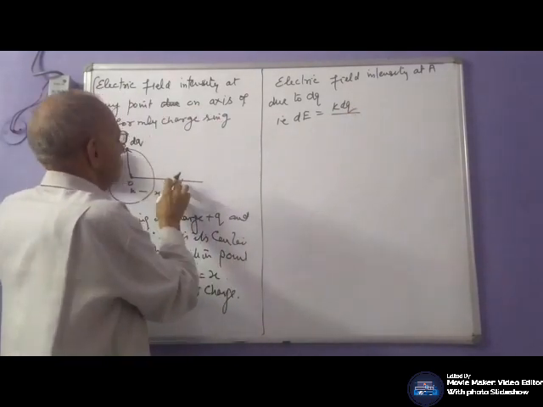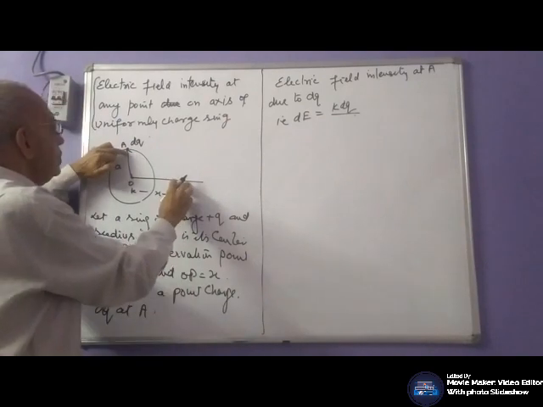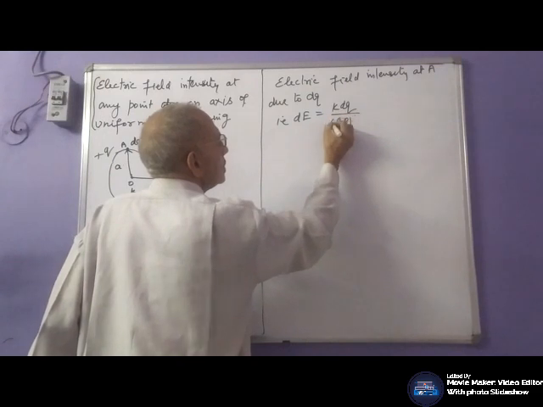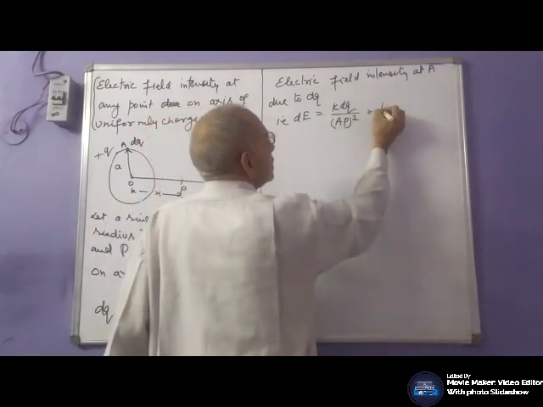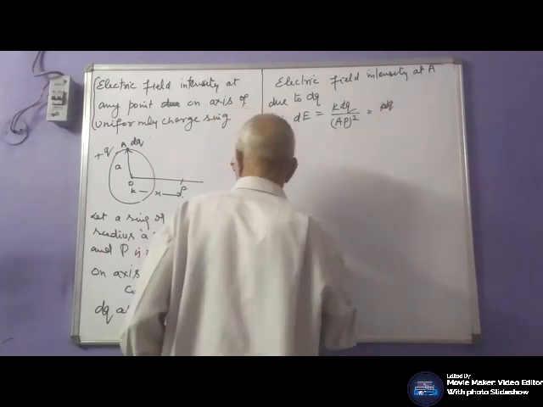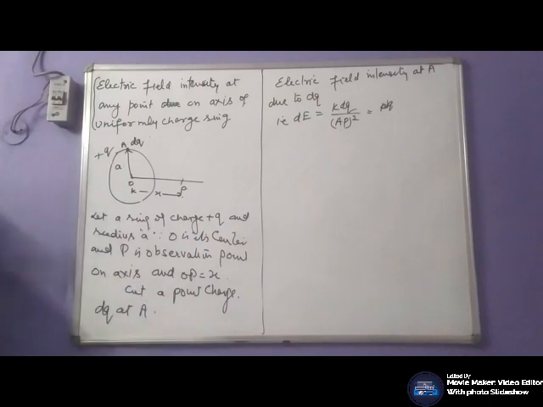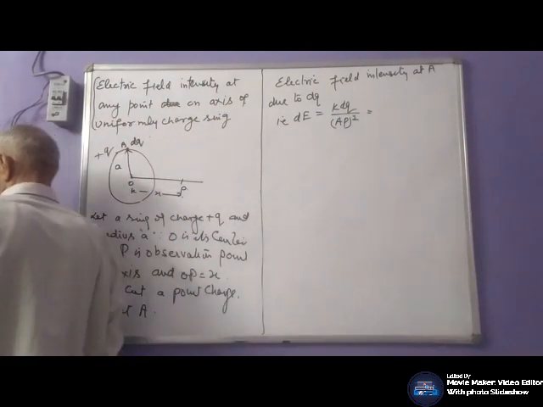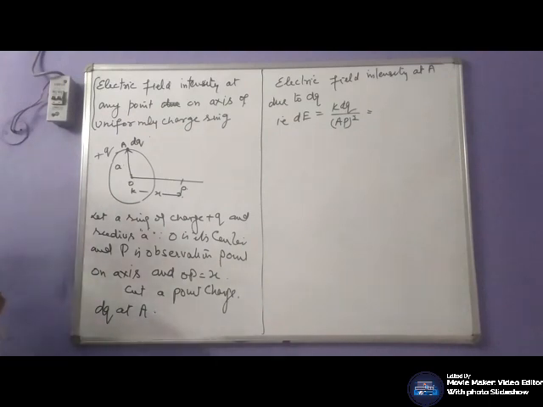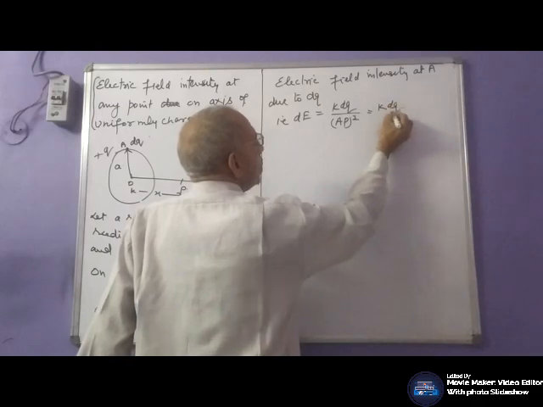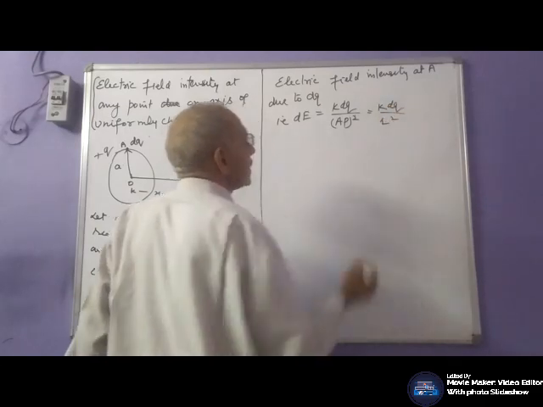Here r square is the square of the distance of the observation point from the point charge, AP.